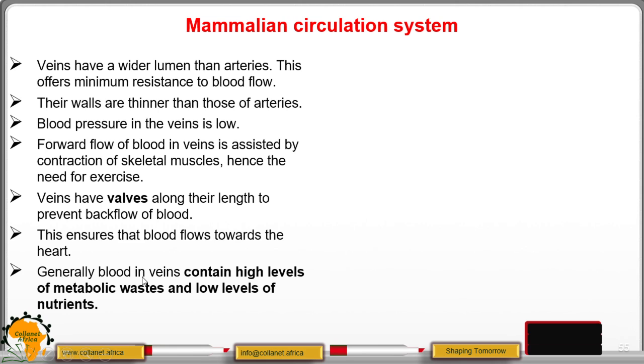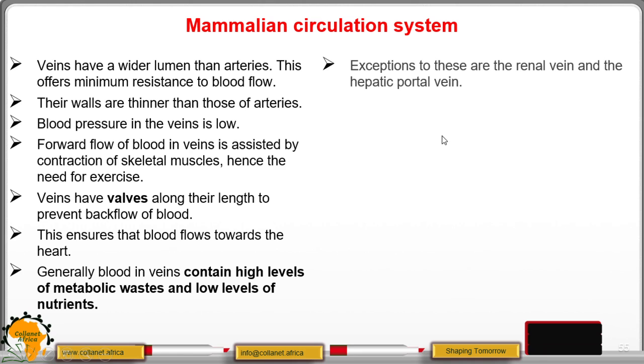Generally, blood in veins contains high levels of metabolic wastes and low levels of nutrients. Exceptions to this are the renal vein and the hepatic portal vein.